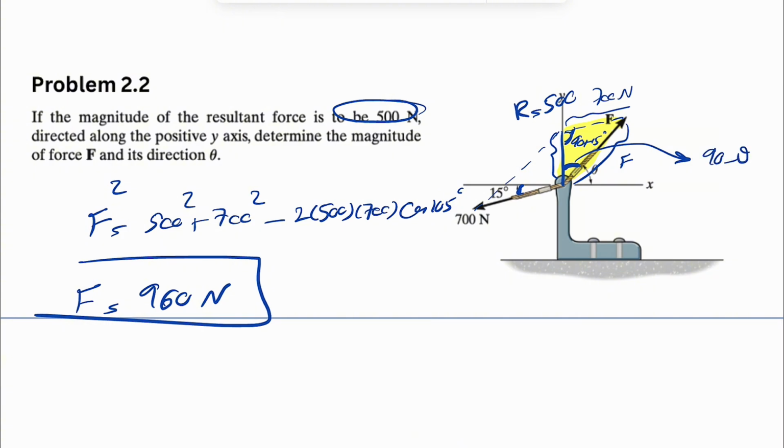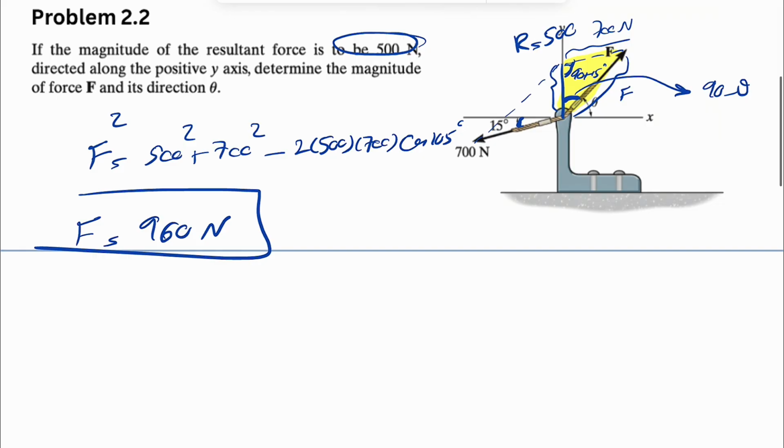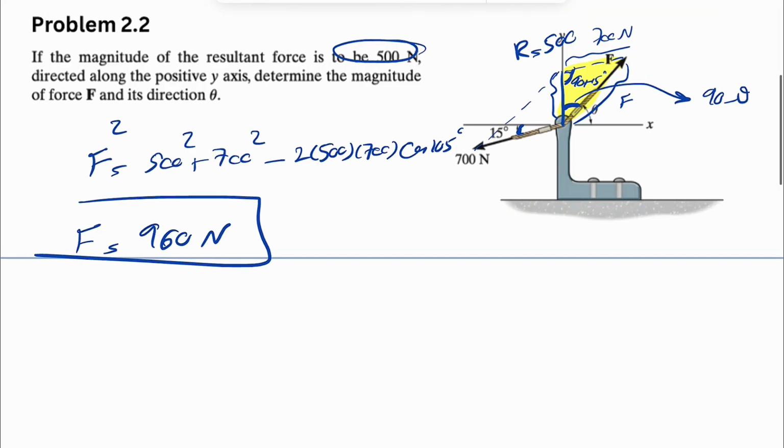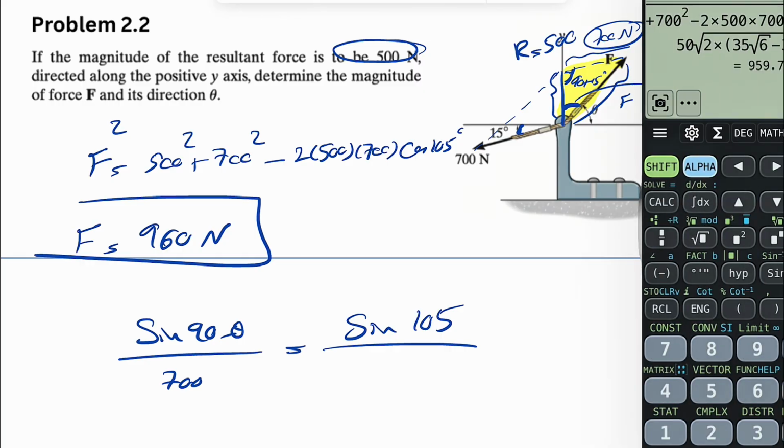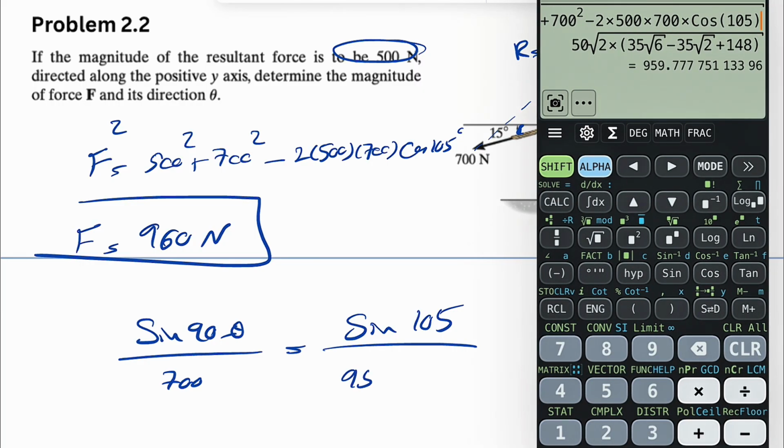So we're just going to use the law of sines. Basically we have sine of 90 minus theta over the side that is facing that, 700, is equal to sine of 105 over the F, which I rounded up in there, so let's put 778 in here to find our theta a little more accurately.